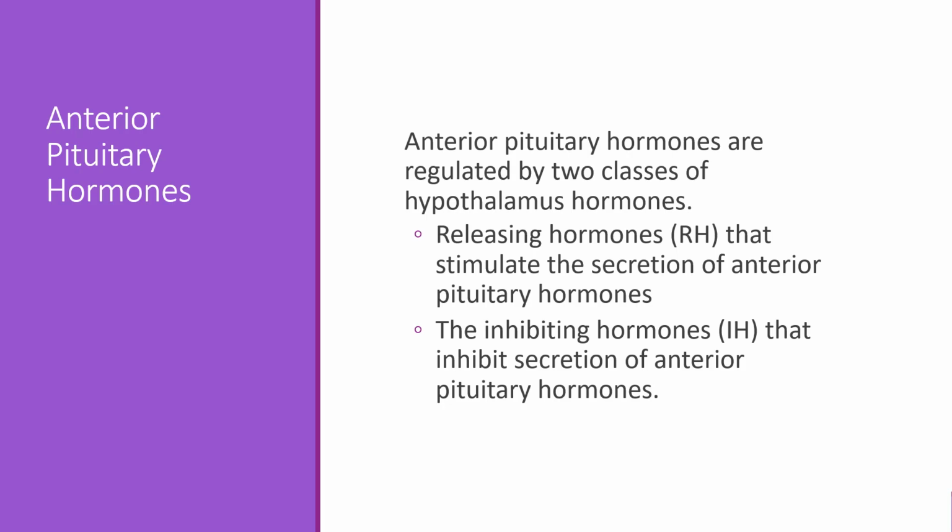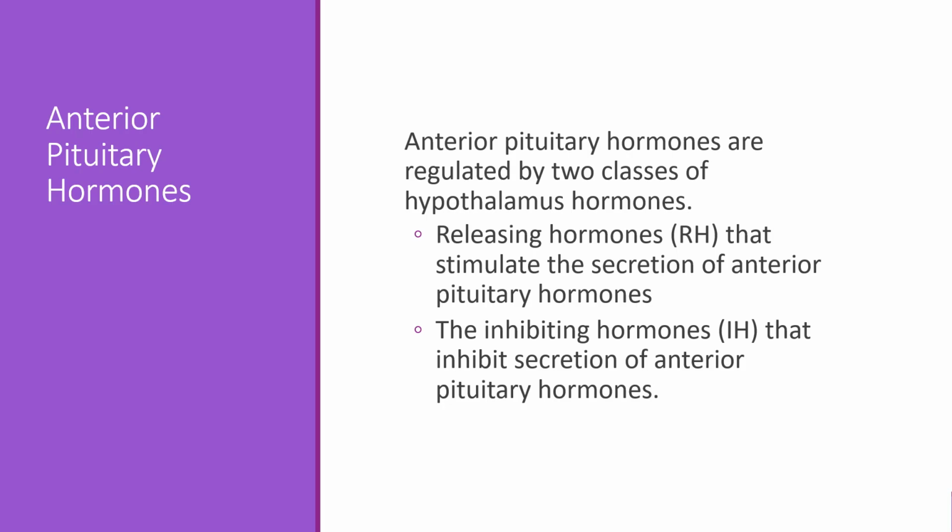Okay? So we have 2 classes of hypothalamic hormones that we talk about first, because that's what's regulating the release of these anterior pituitary hormones. Releasing hormones are always going to have RH at the end of the abbreviation, and they stimulate the secretion of anterior pituitary hormones. They're the ones that are traveling down that infundibulum.